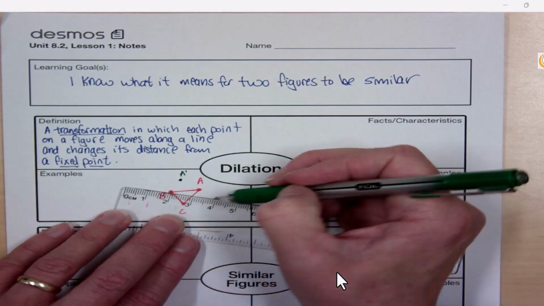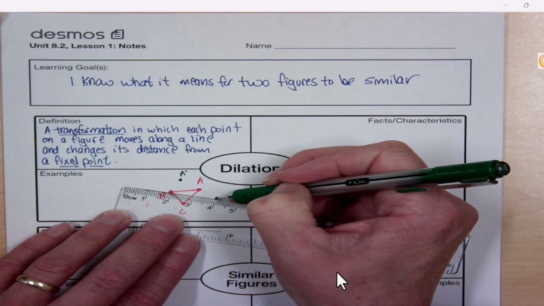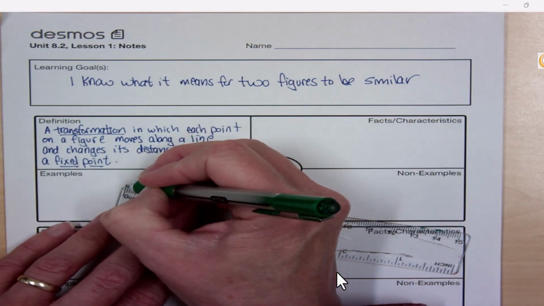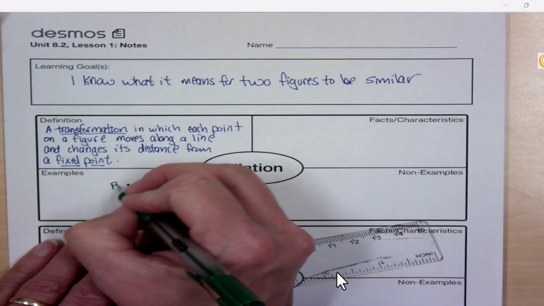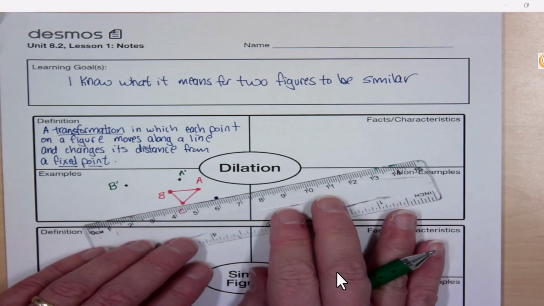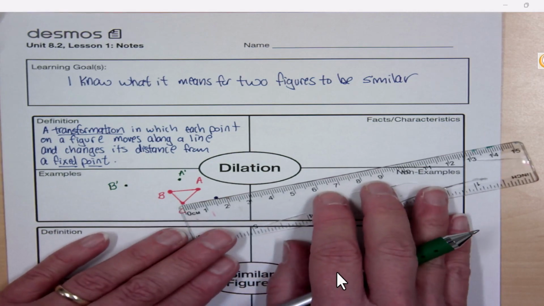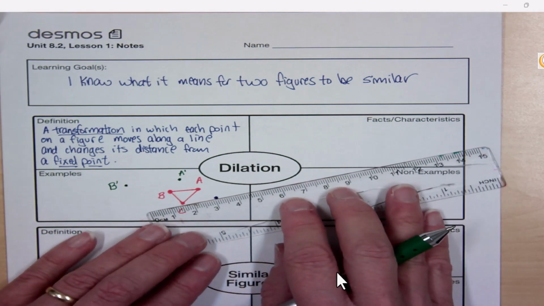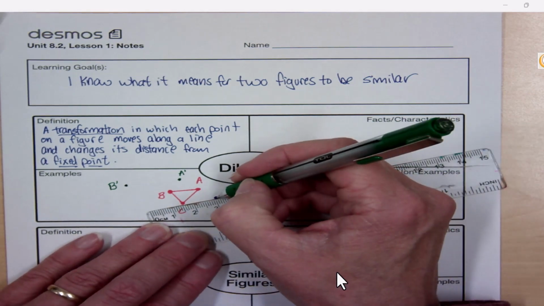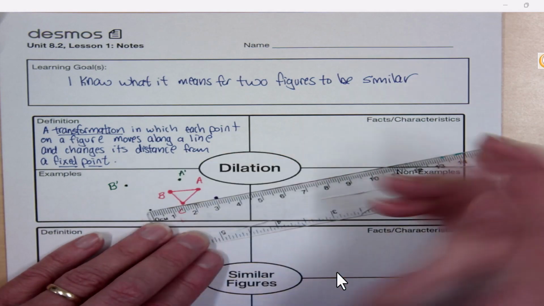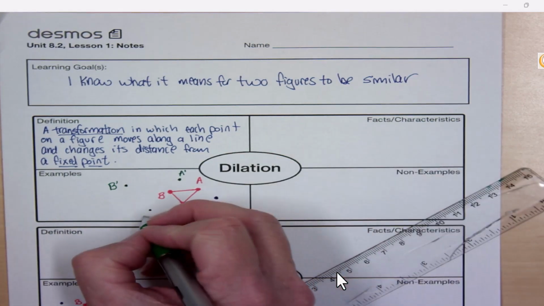For point B, again, I'm going to start at this fixed point, pass through point B, move along a line. That's going to be my B prime. And same with this one. I have these measured a certain way. I'll explain that more in a moment. Again, I'm starting at the fixed point, passing through this vertex, and that's going to be my new point C prime.